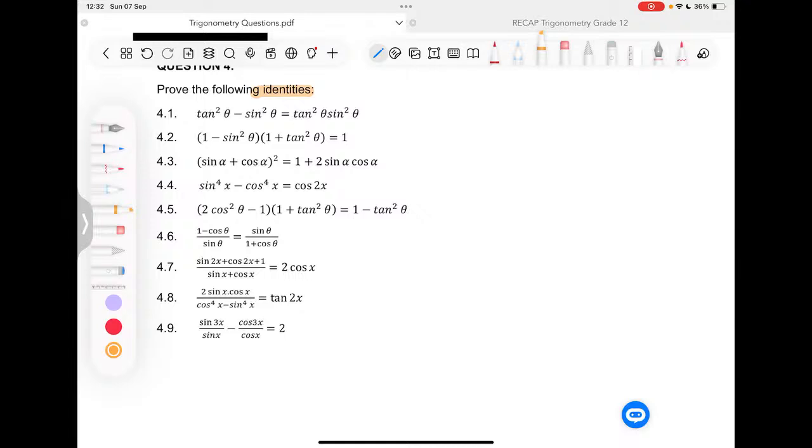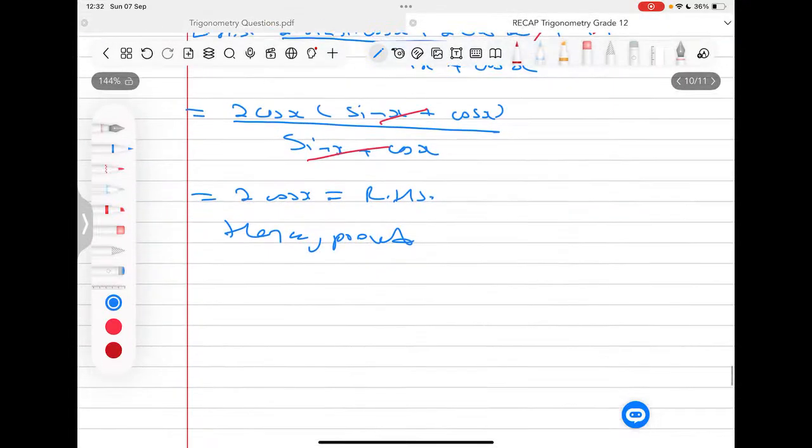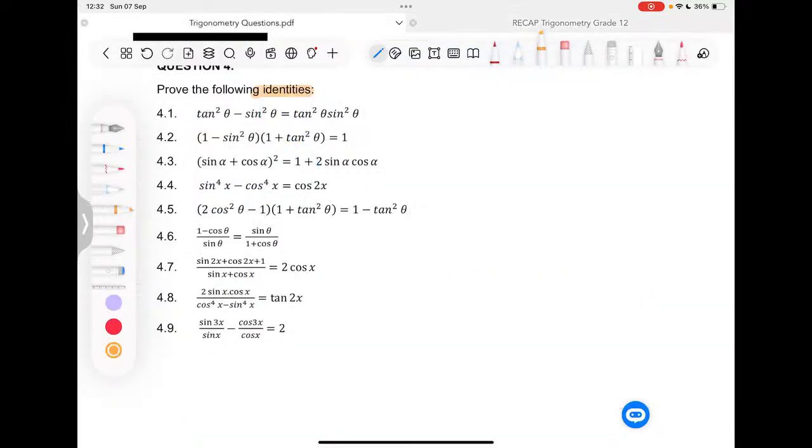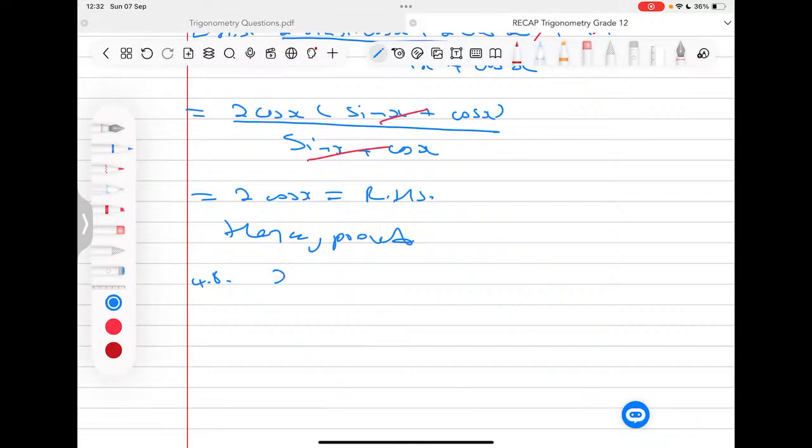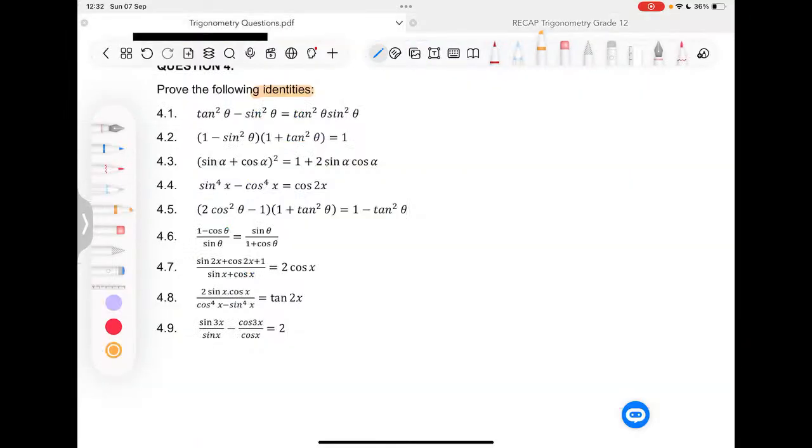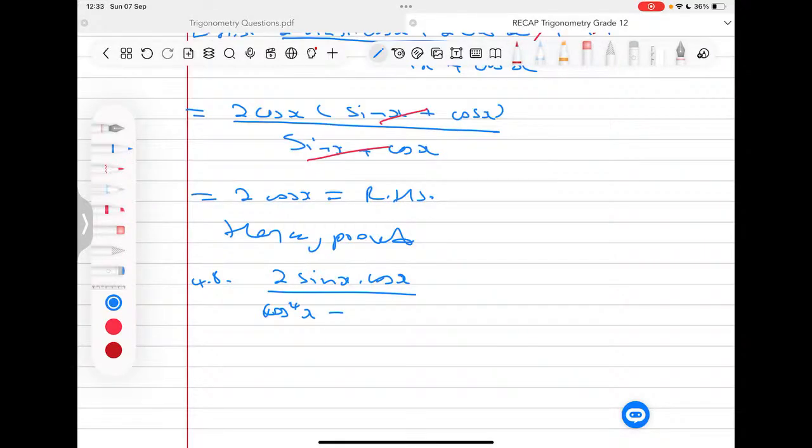Now, if we look at 4.8, we are given something that looks like an identity of sine, and here at the bottom we have cos 4x minus sine 4x. And we are saying this is the same as tan of 2x, yeah?